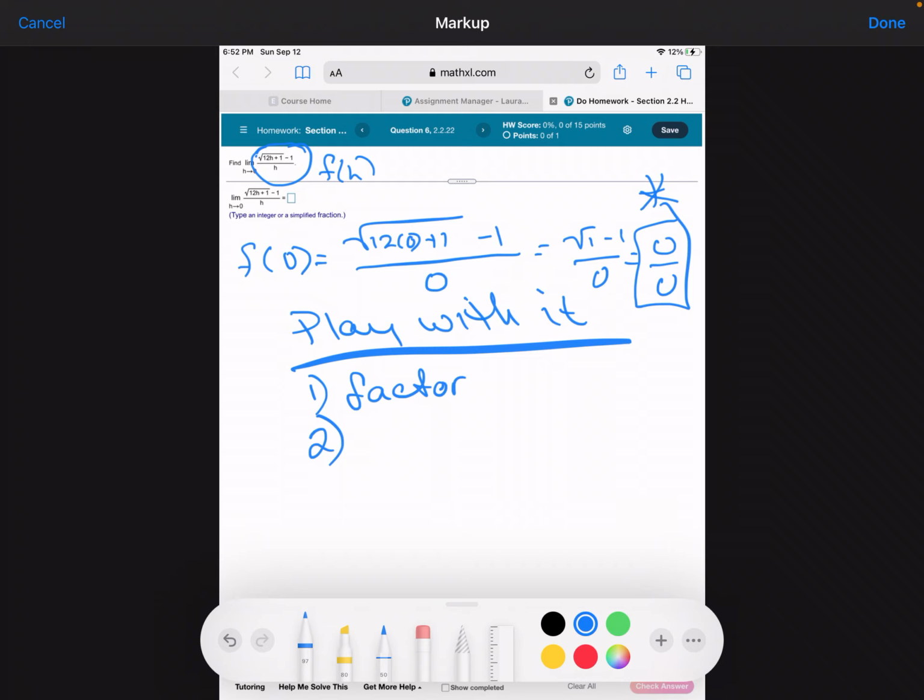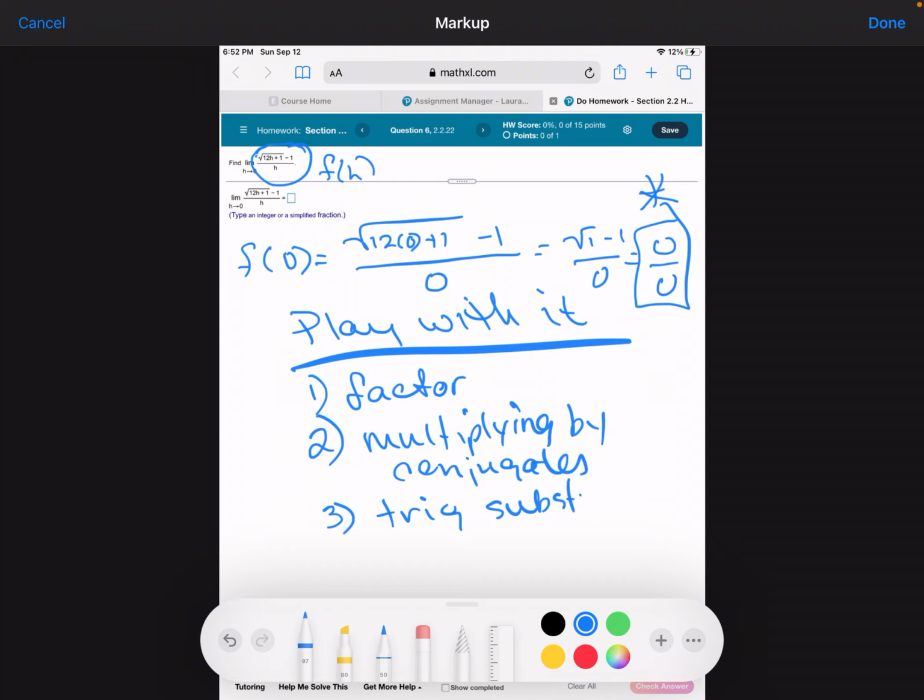Another is to think about multiplying by conjugates. Another is trig substitution, if it has trig in it.